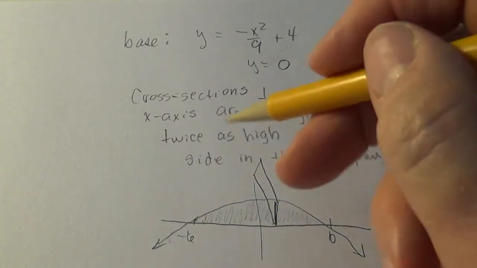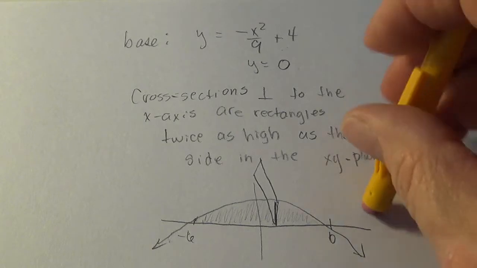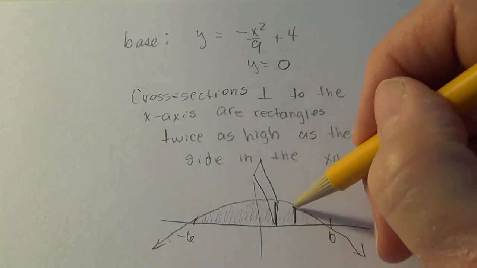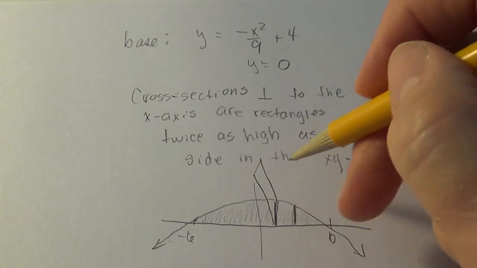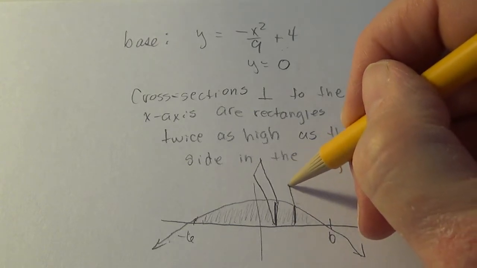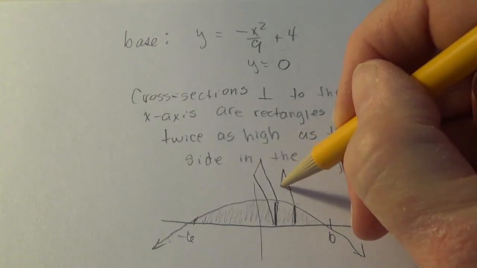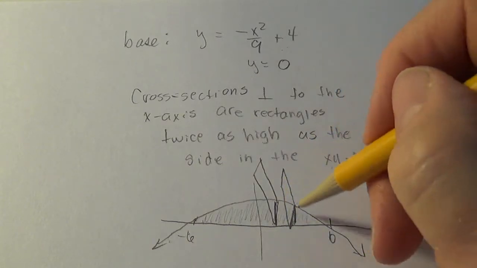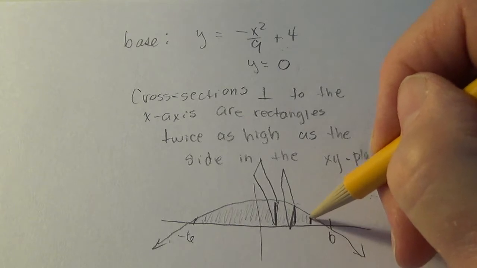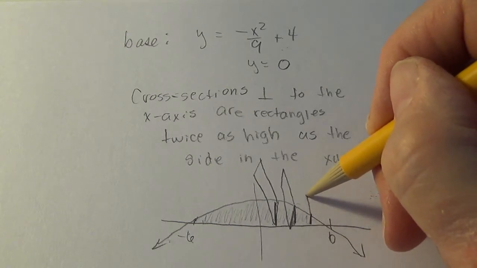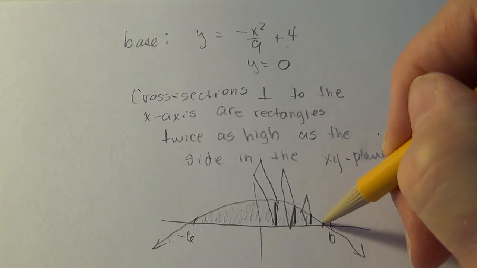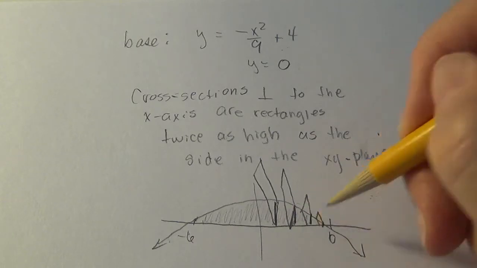Alright, so mine's kind of bending back a little bit. I'll try to draw a better one here. Alright, this is the base, this rectangle, twice as high as that, coming up. A little better. It's hard to draw. And they're getting smaller. And down here, tiny, tiny little rectangles.